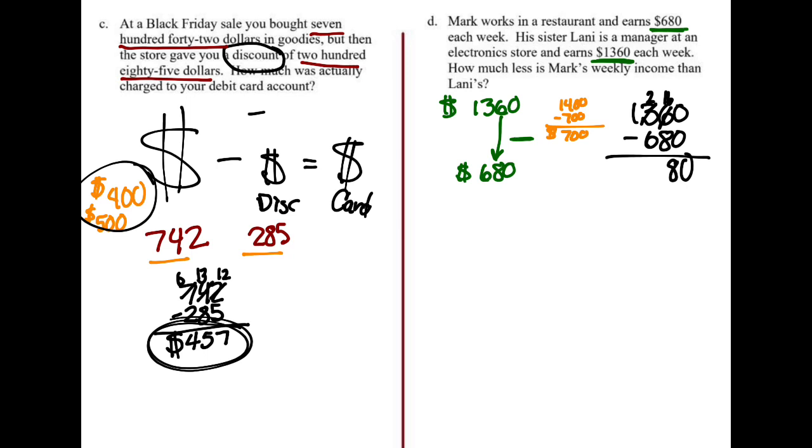Okay, now here we have 12 minus 6 is just 6. So comparing that to our estimate, I'd say that's pretty dang close. I think we're okay. Okay, so put our label on it, and Mark's is $680 less than his sister's.